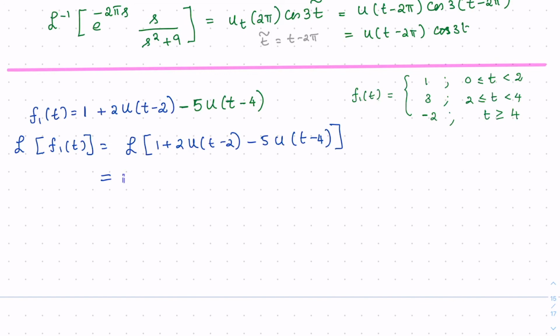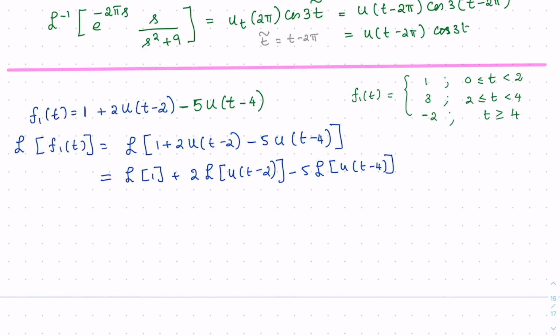Then this is the Laplace of 1, plus 2 times the Laplace of u of t minus 2, and this is 5 times the Laplace of u of t minus 4.